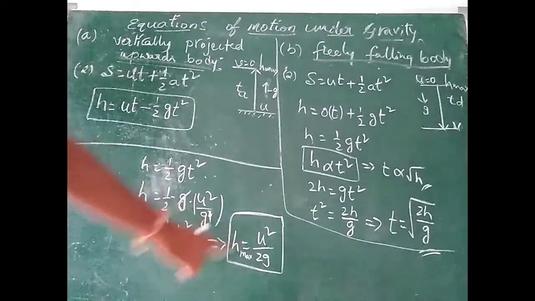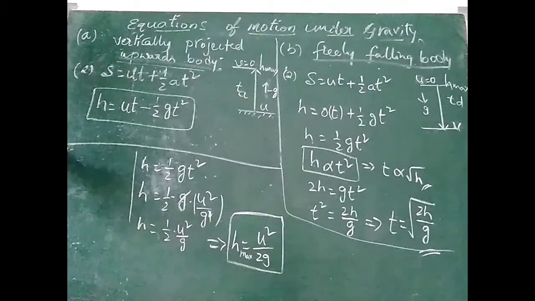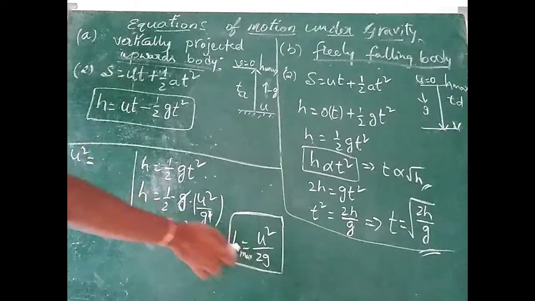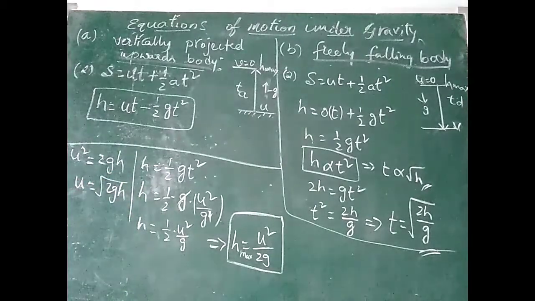From this equation I need u, the initial velocity. So u square is equal to 2gh, and u is equal to square root of 2gh.